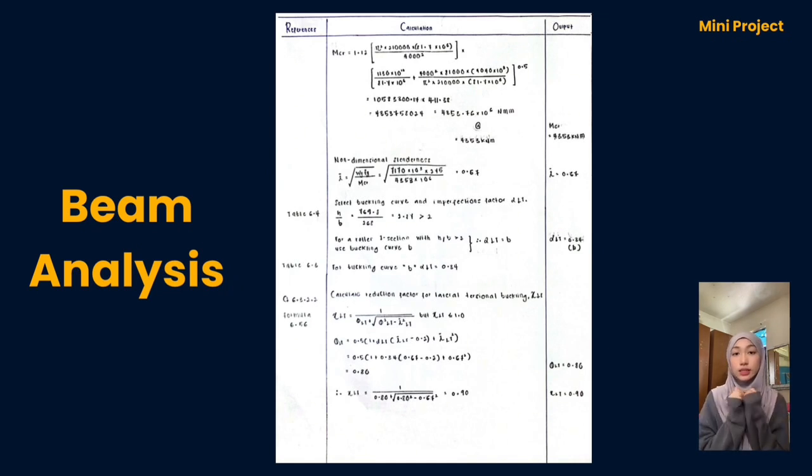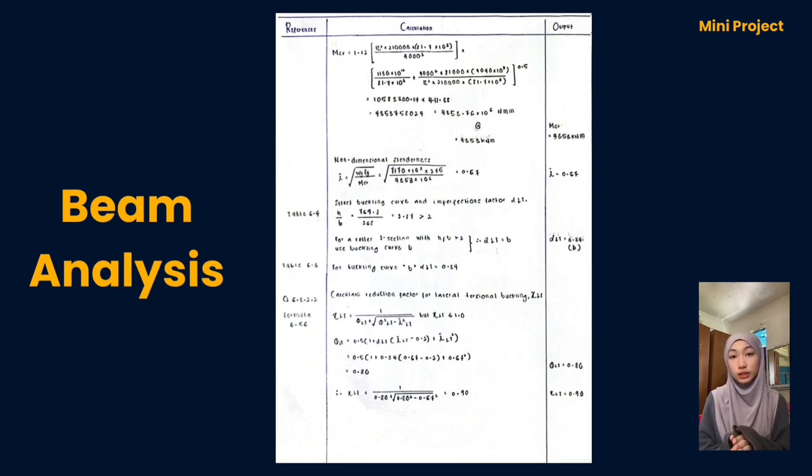The formula is lambda bar equals square root of 7170 times 10 to the power of 3 times 275 divided by 4354 times 10 to the power of 6, and the answer we got is 0.67.